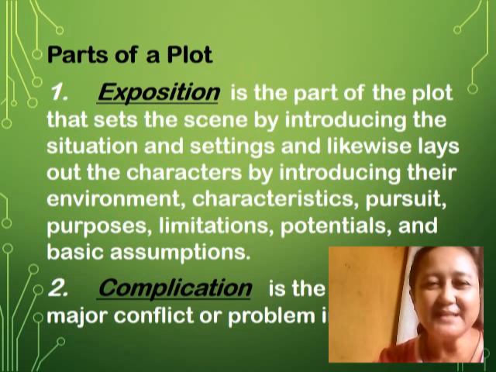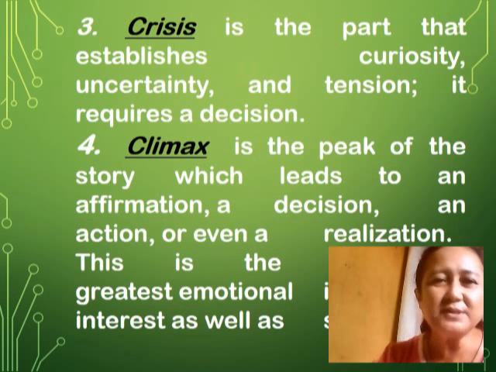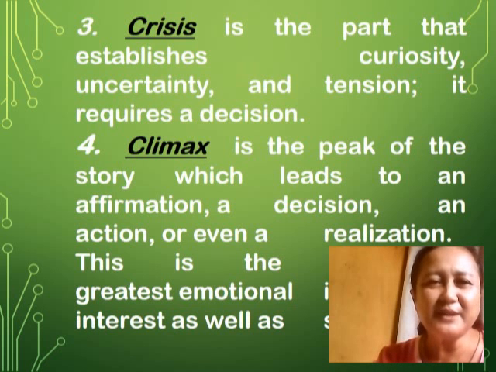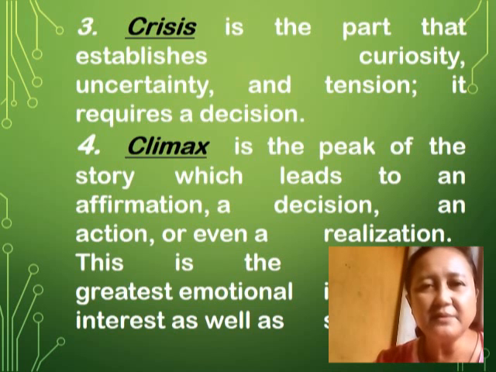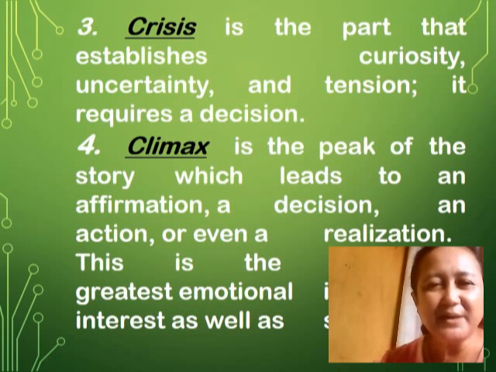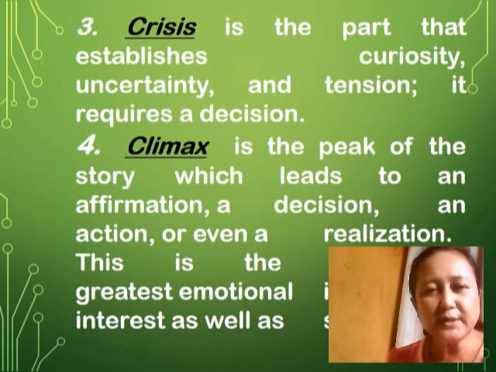So the next is complication. The complication, of course, provides the major conflict of the story. And then the crisis, the part that establishes curiosity, uncertainty, and tension. In this part, the character, especially the hero or the main character, is given a dilemma which he or she tries to resolve and decide.